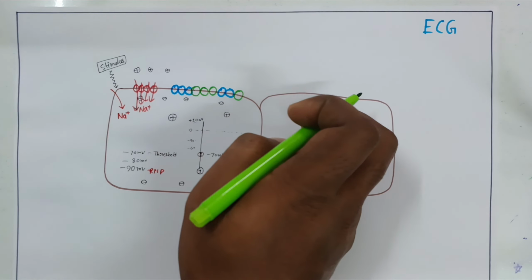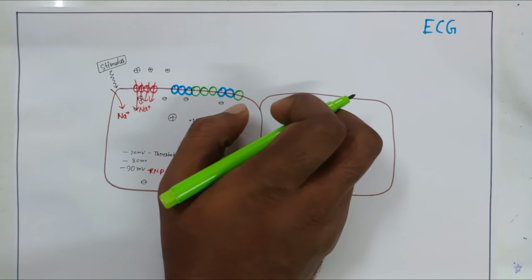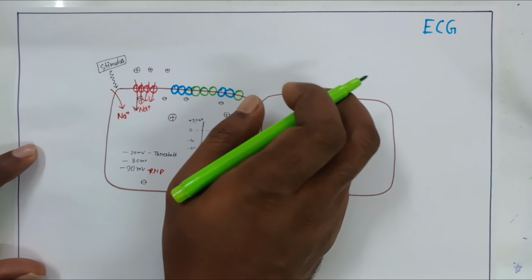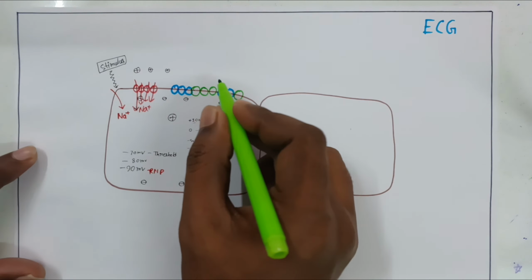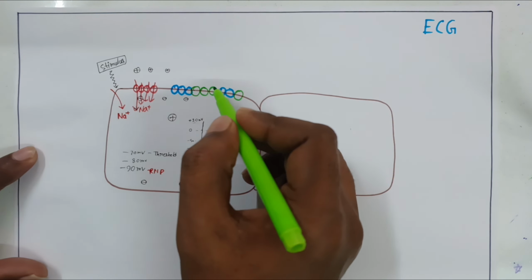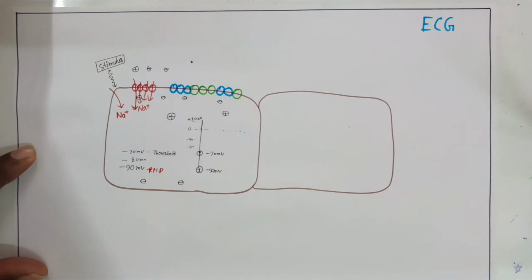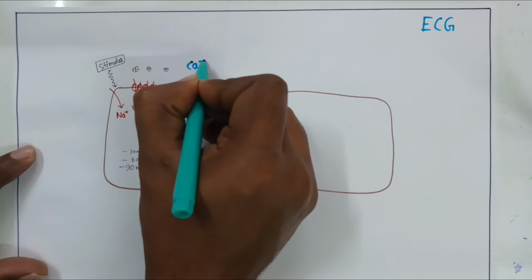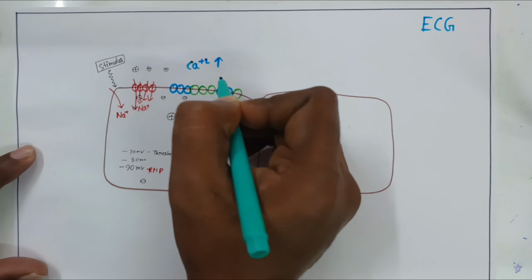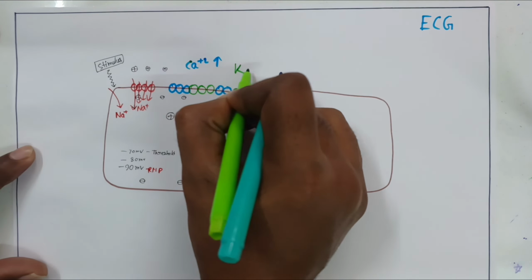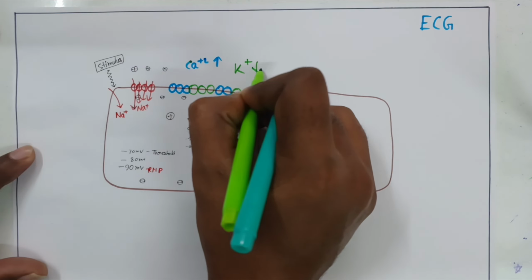I have told you that the extracellular concentration of calcium is more, and extracellular potassium is less.